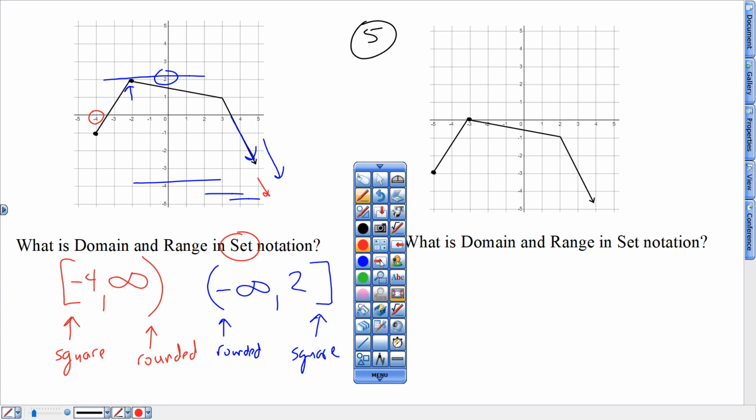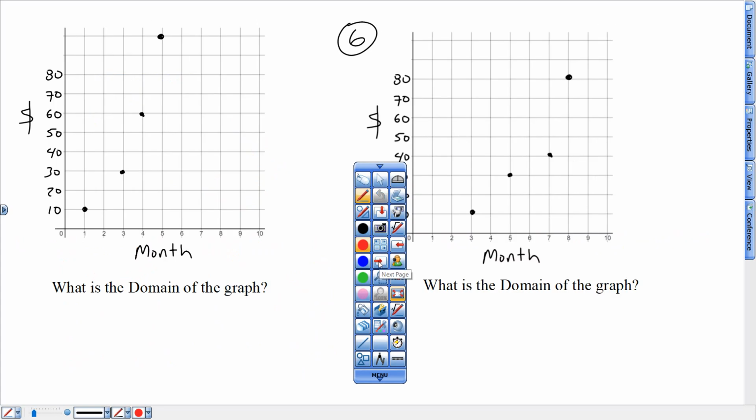All right, moving on. Number 6, what is the domain? The domain, if you look at coordinates, if I give them to you, and again, this is my x-axis, this is my y-axis. My domain are all my x numbers. Those are my domains. The domain of this data are all of my x numbers from here. So here we go.